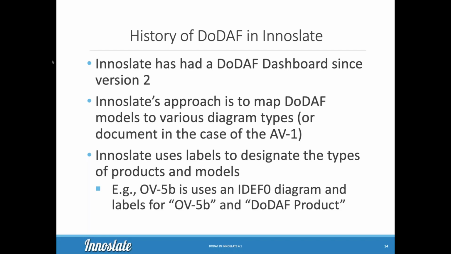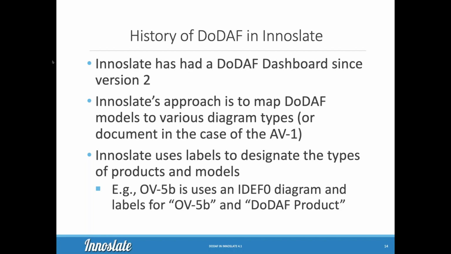We map those models to the various diagram types, or document in the case of AV1. We actually give you the ability to create your AV1 directly in the tool. And then again, we use our labels to distinguish between the types.